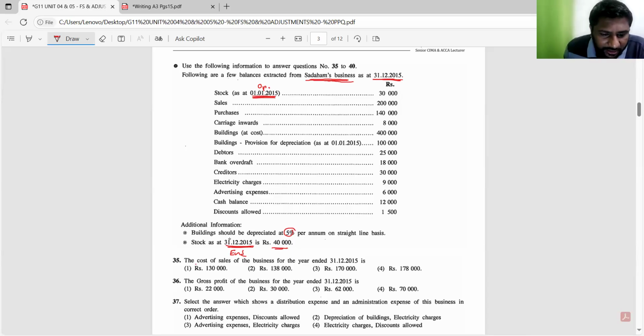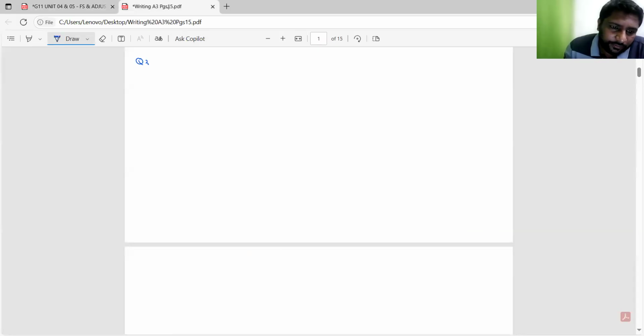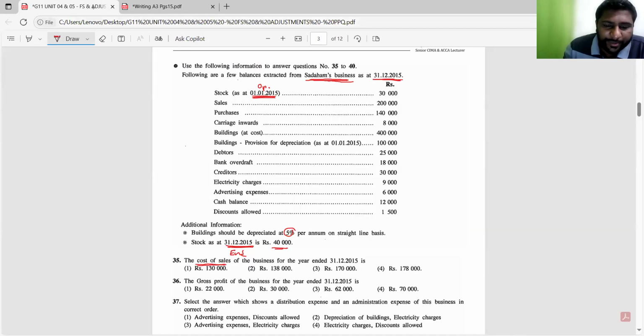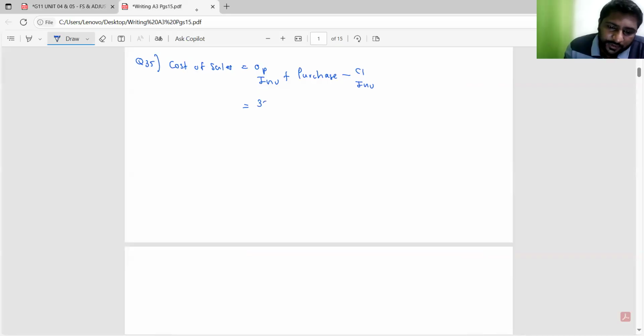First one, what they ask is the cost of sales of the business. How to find the cost of sales? We studied: cost of sales equals opening inventory plus purchases minus closing inventory. How much is the opening inventory in this question? 30,000.